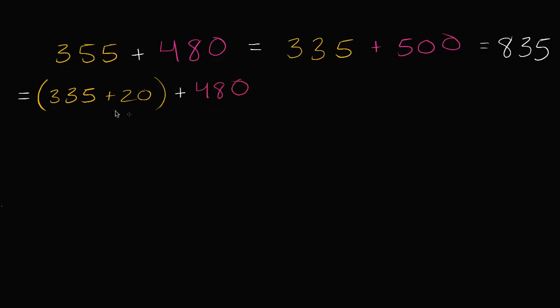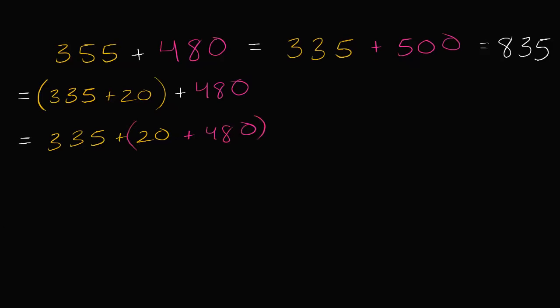And now I can just change the order with which I add. So I could say this is going to be equal to 335 plus 20 plus 480. Instead of adding the 335 and 20 first, I could add the 20 and 480 first. So I could add these two first.